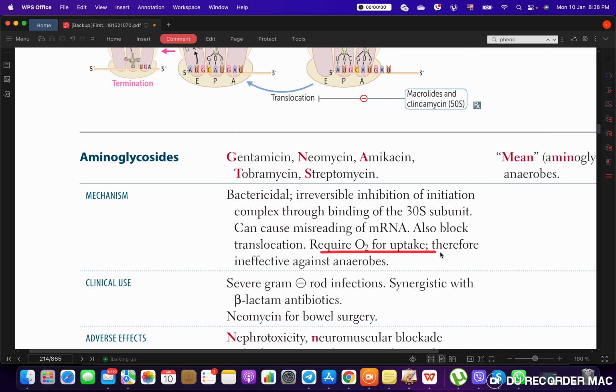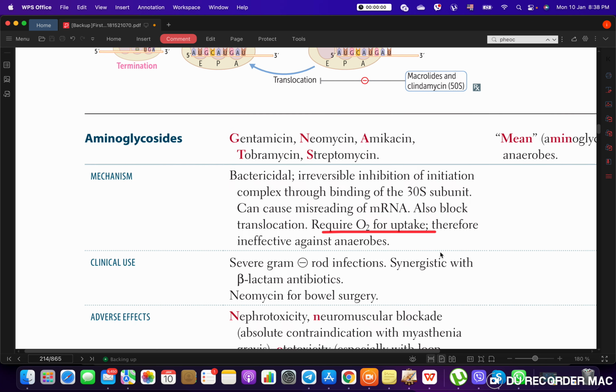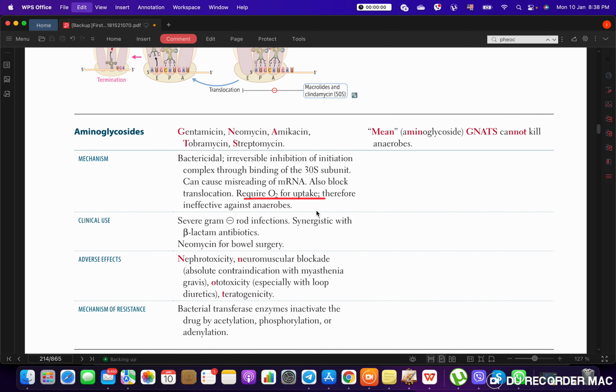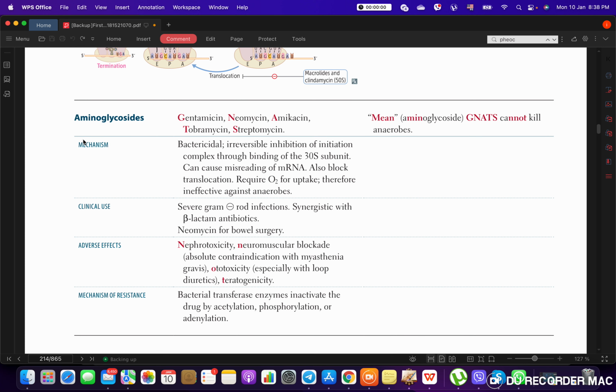It requires O2 for the uptake. That's problematic because the bacteria we are killing must be aerobic, which is not always the case, you know? Therefore, it's ineffective against the anaerobe. So aminoglycoside only works against the aerobic.